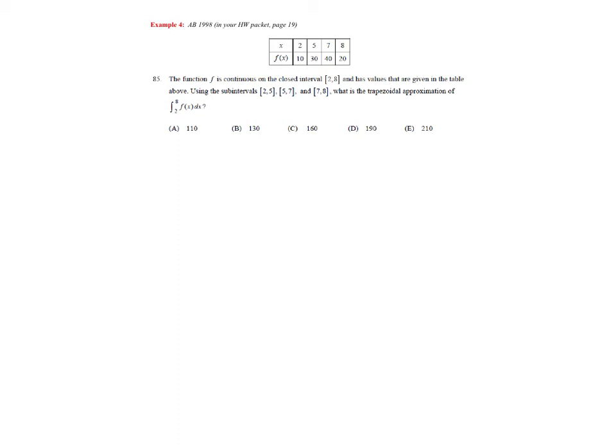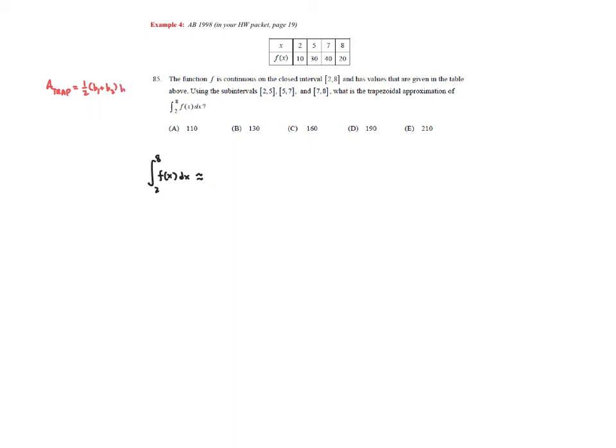Okay, so let's write this down: the integral from 2 to 8 of f of x dx. Let's recall the area of a trapezoid. The area of a trapezoid is going to be 1/2 base 1 plus base 2 times the height.